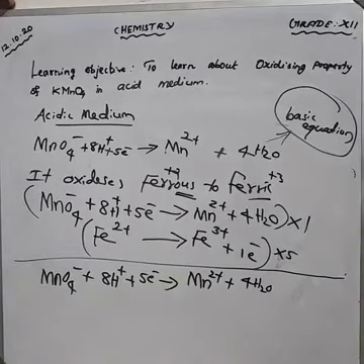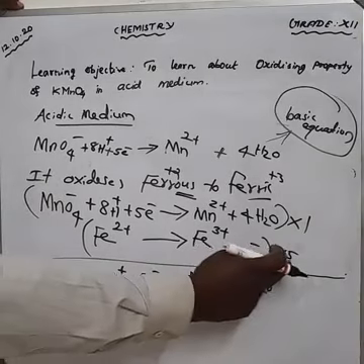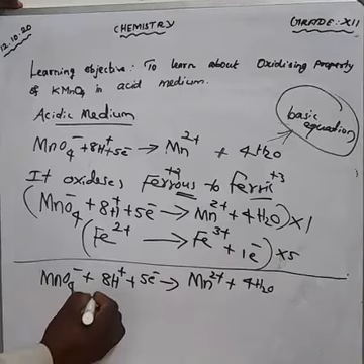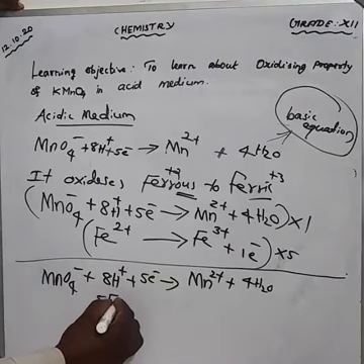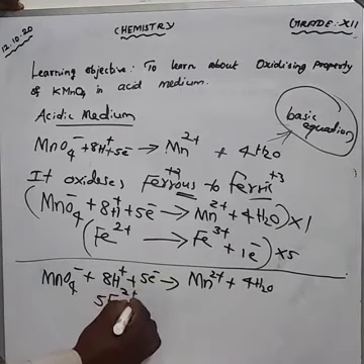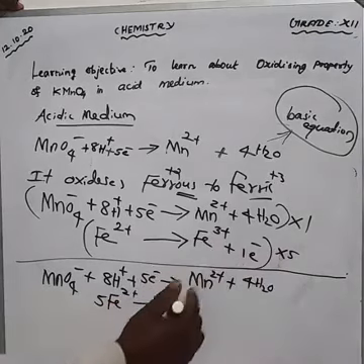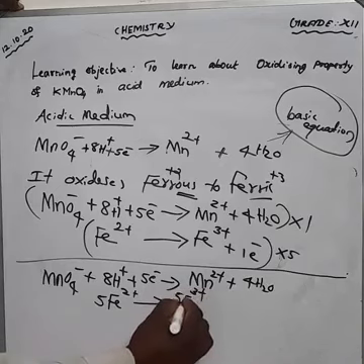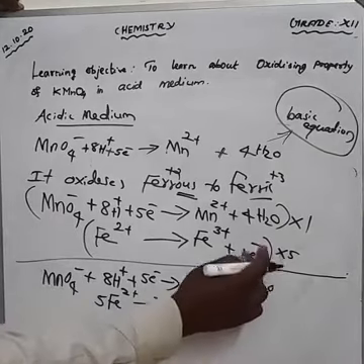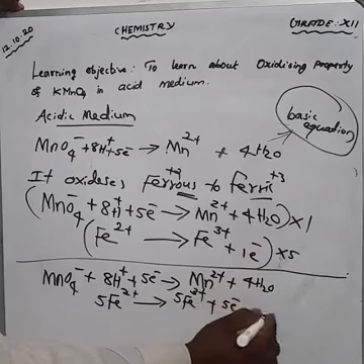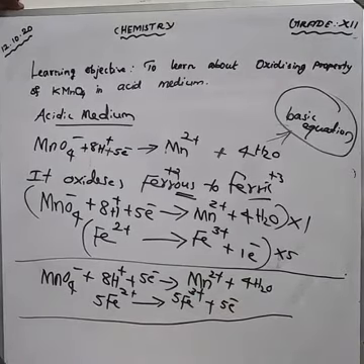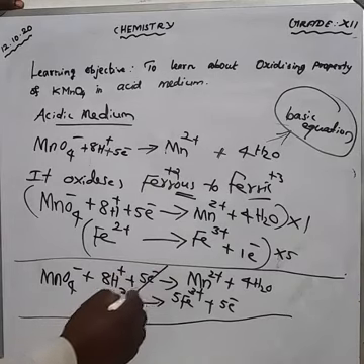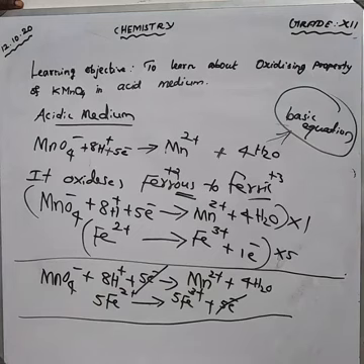Second, we multiplied by 5. So, the answer is 5 Fe2+ gives 5 Fe3+ plus 5 electrons. Next we can cancel the 5 electrons and the 5 electrons. Can you say what's the remaining answer?